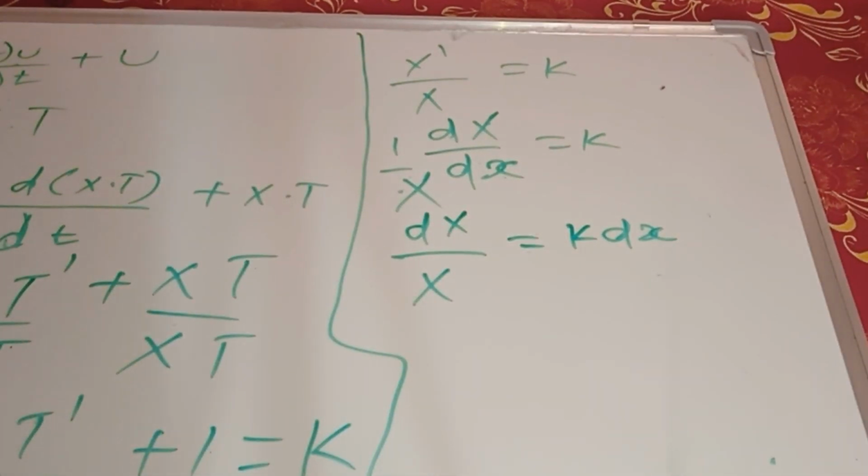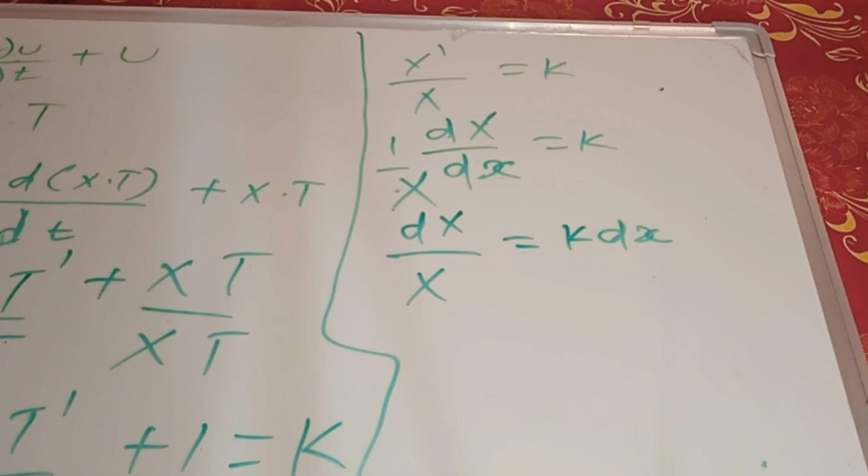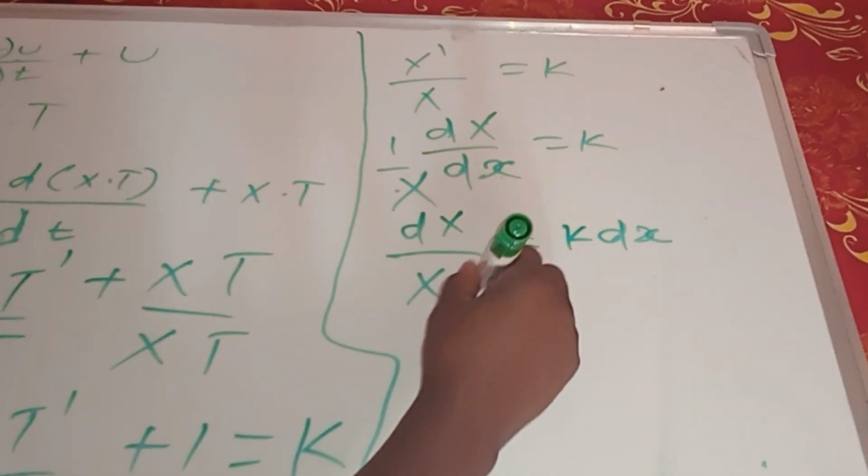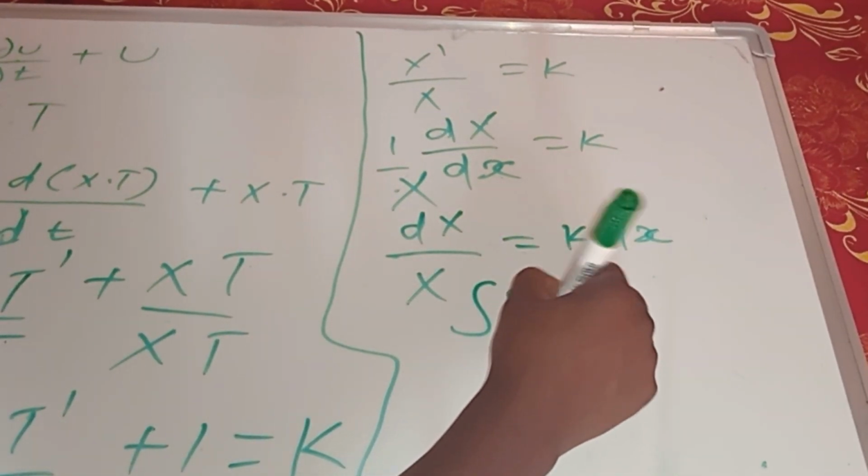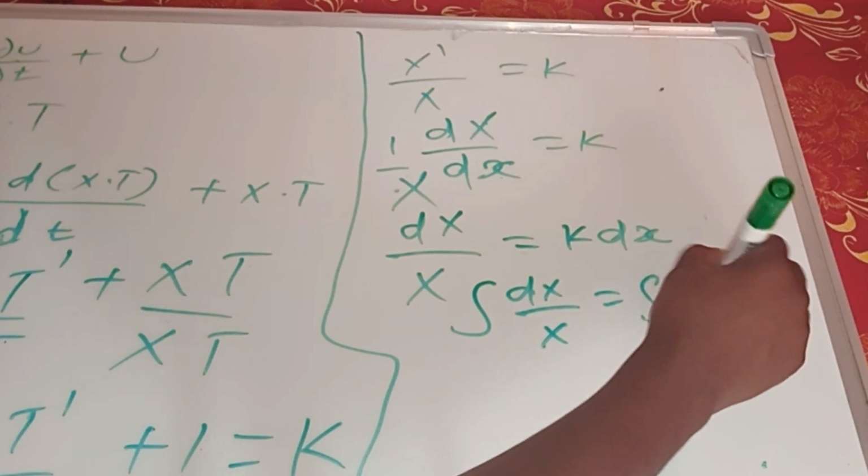So now find the integral on both sides. The integral of dx over x is equal to the integral of k dx.